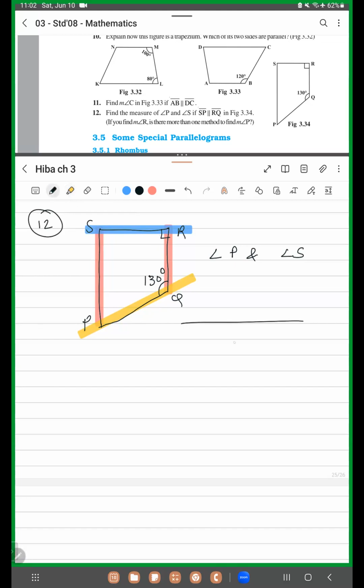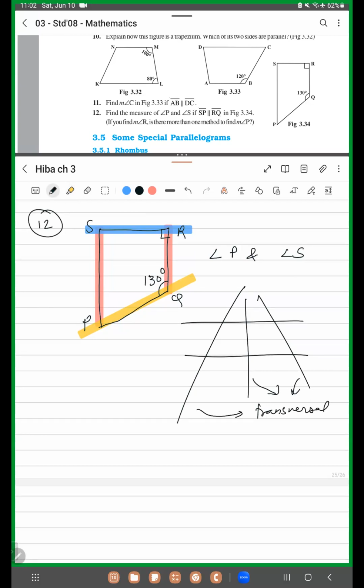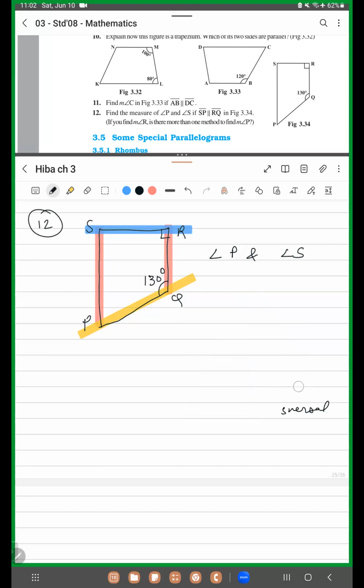It doesn't matter. You have two parallel lines, or two lines, and there is a random line. It could be like this, it could be like this, it could be like this. A random line cutting both of them. So this line is called a transversal. But how are we sure it is a transversal, like SR?